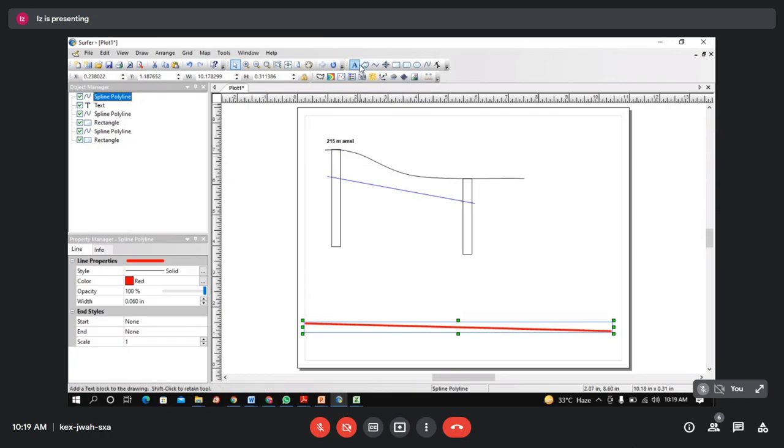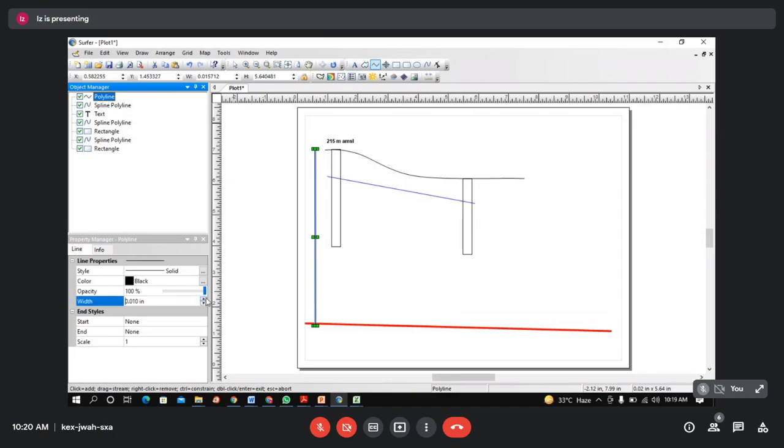So when I say 215, this is basically the point where the top of your well casing is.